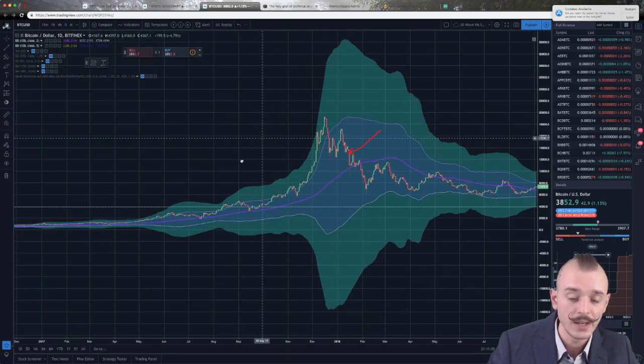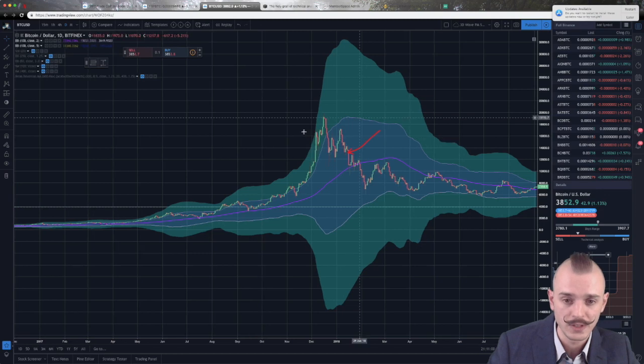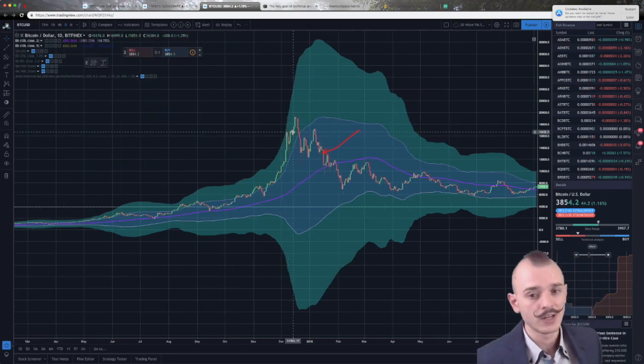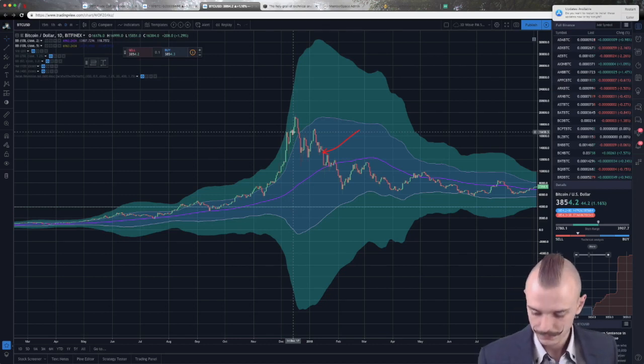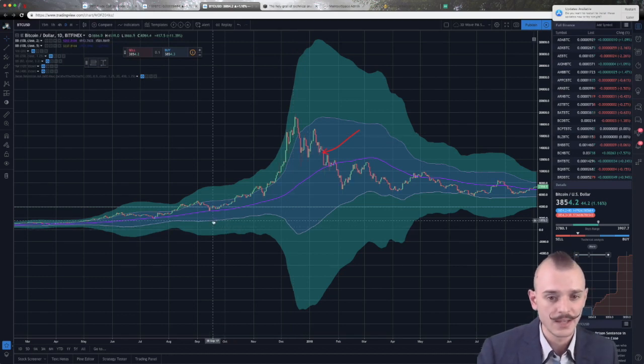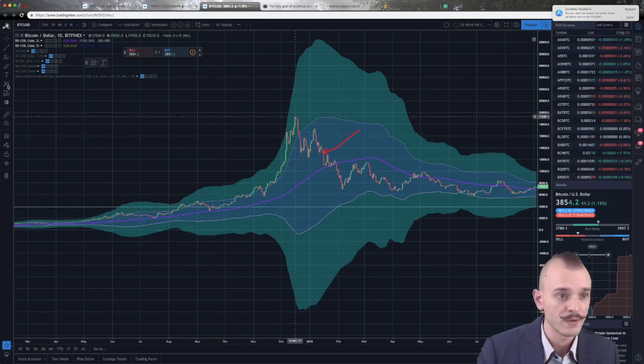So let's take a look at this again. I've loaded up 100 previous candles, right? Now we're only measuring 100 previous candles. Is that going to be more reactive or less reactive than 200? It should be more reactive. Right, since it's going to take less data points to move the mean.